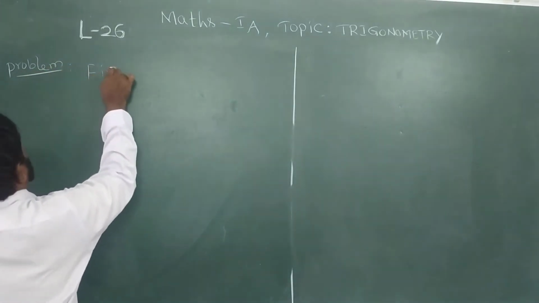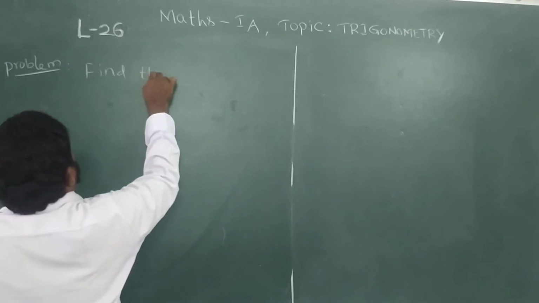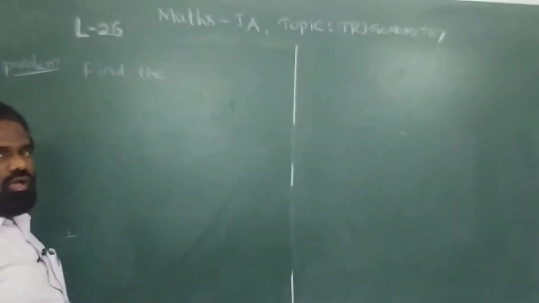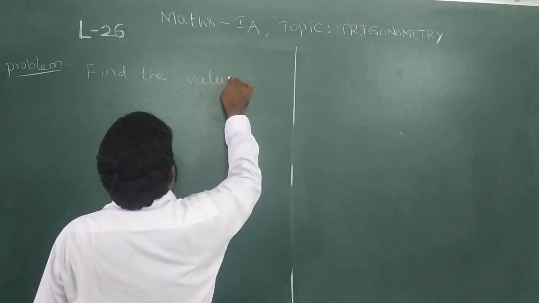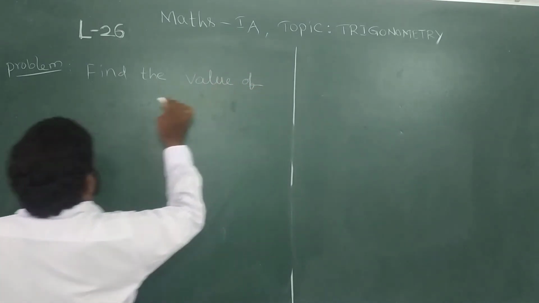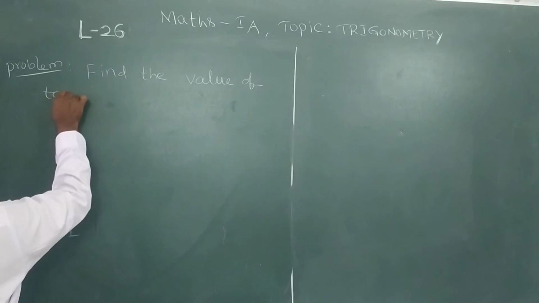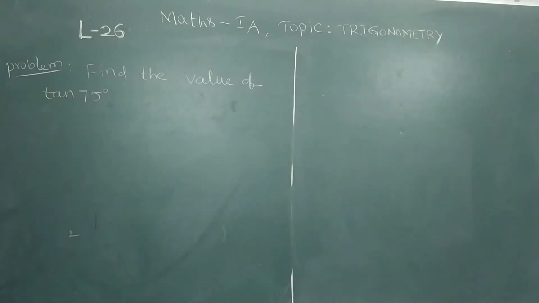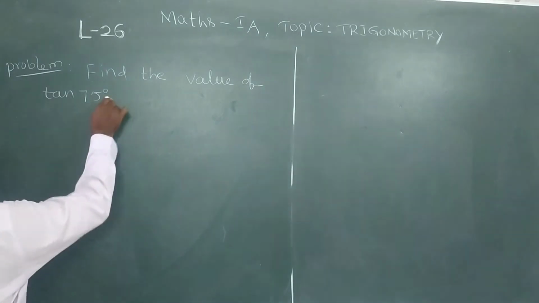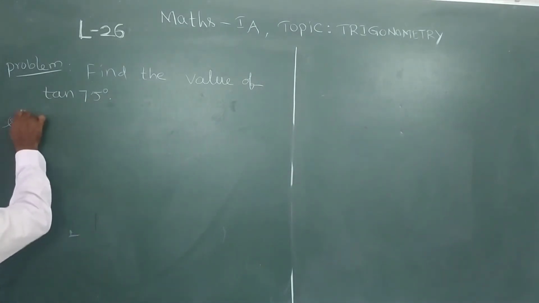Find the value of tan 75 degrees. Let us see the solution. How do we find it?